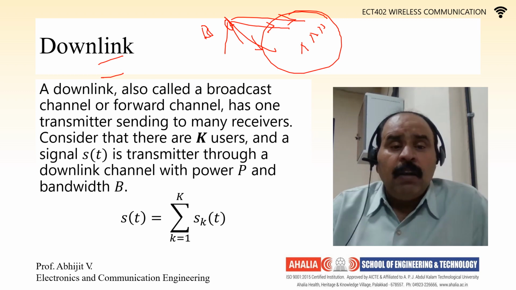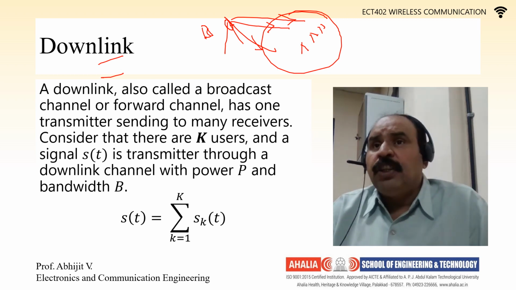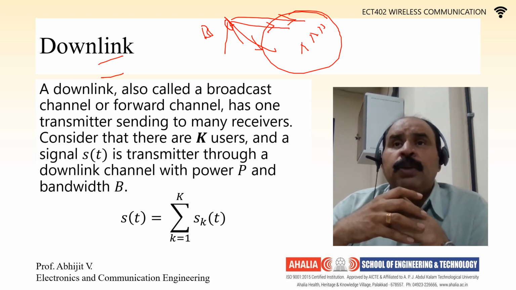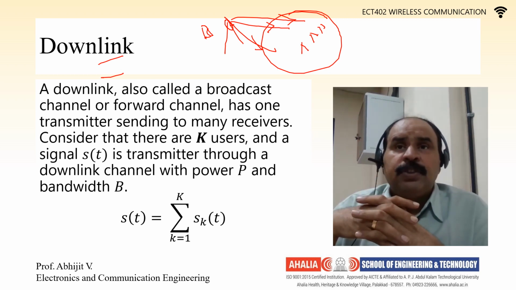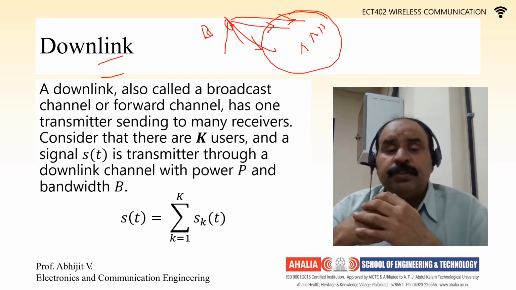In a downlink channel, there is a single system transmitting signals to different users. It is called broadcasting. You can think of FM radios or televisions as examples of a downlink transmission system.